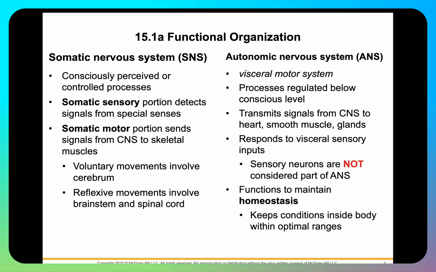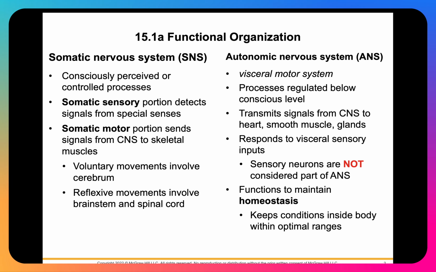The autonomic nervous system, on the other hand, quite often will be referred to as the visceral motor system. Remember, when we see the term visceral, we think body. And what we're going to see here, in contrast to the somatic nervous system, is something that we have no conscious control over.